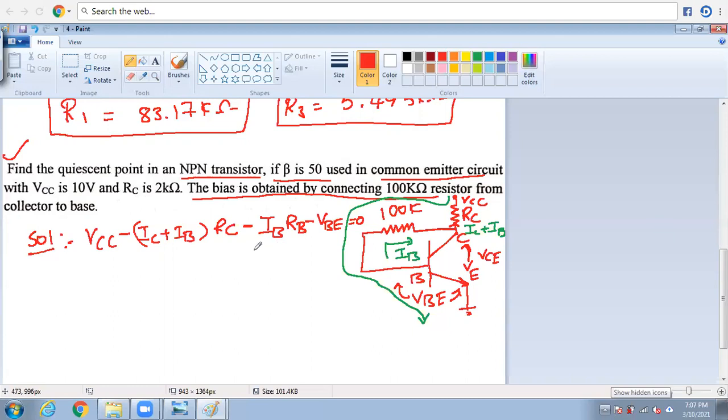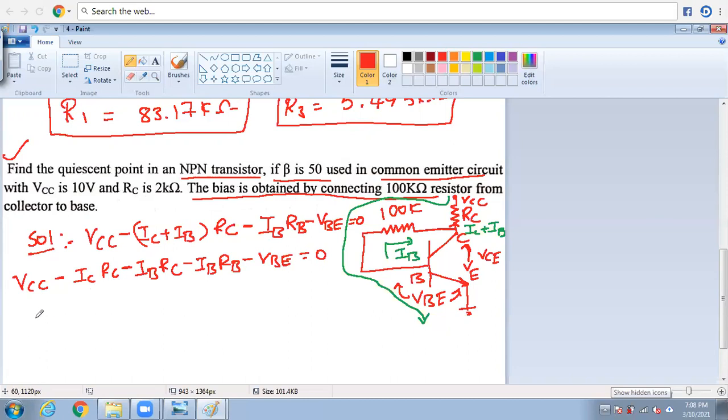Anyway, now here one second, I will do this mathematical part. VCC minus IC into RC minus IB into RC minus IB into RB minus VBE equal to 0.